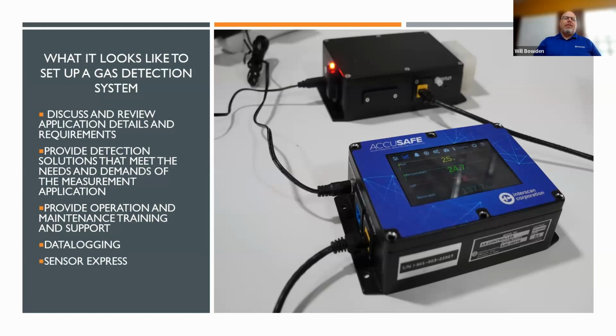This eliminates the need to have calibration gases or send sensors back to us to have them calibrated, which would obviously take the sensor out of the instrument. So it's definitely a great program for those facilities that don't want to deal with cal gases and going out to gas suppliers, and then having someone with the knowledge to calibrate those sensors internally.